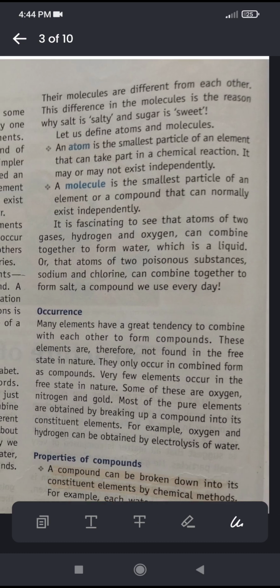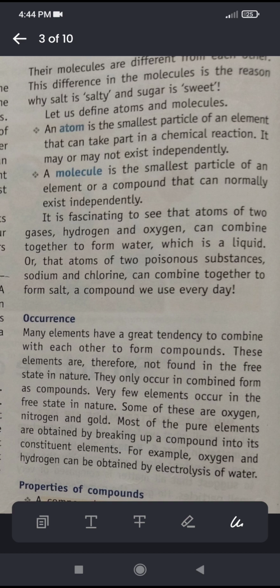Occurrence. Now we are going to study occurrence. Many elements have a great tendency to combine with each other to form compounds. What is an element? An element has a smallest particle known as an atom, which may or may not exist independently.